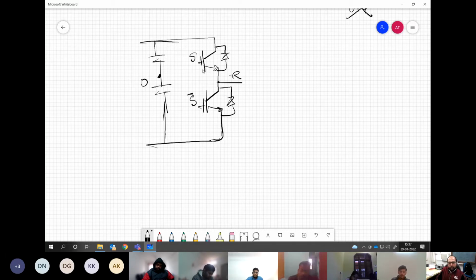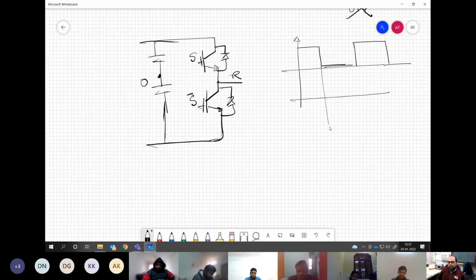Obviously we know that we are giving complementary signals to these two devices. Complementary signal means if S is something like this, on and off, then S bar is exactly the inverse of that. So if this is S, this is S bar. Ideally, this is what should be given to our converters. Understanding my point?